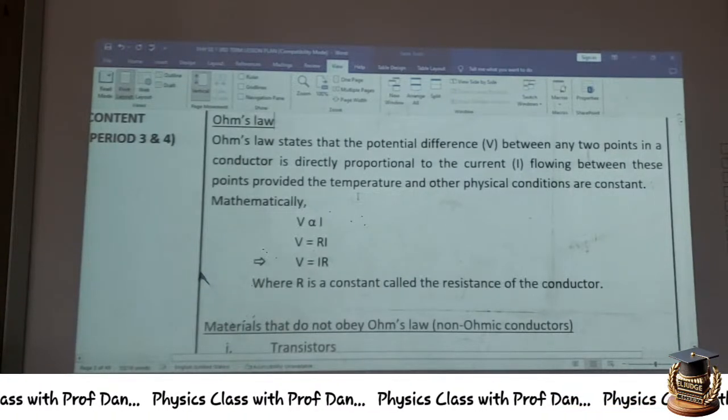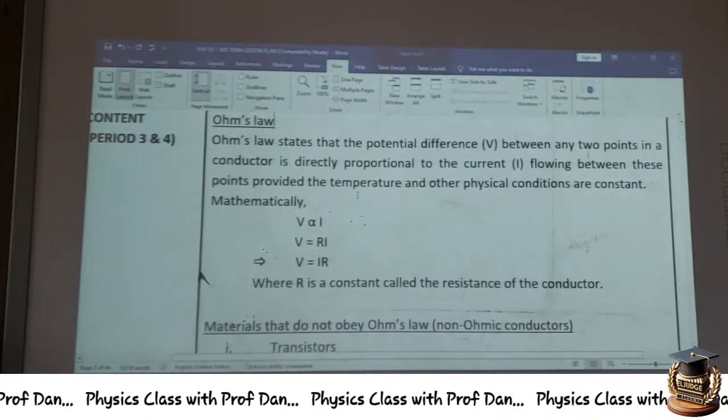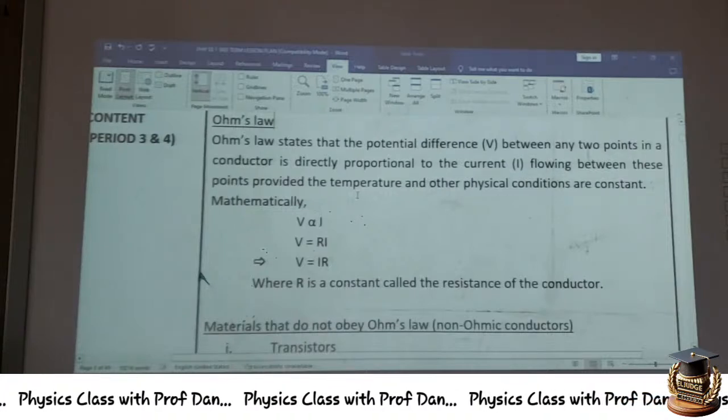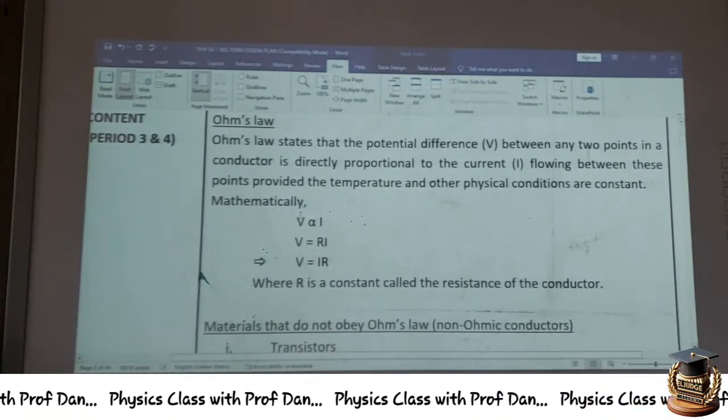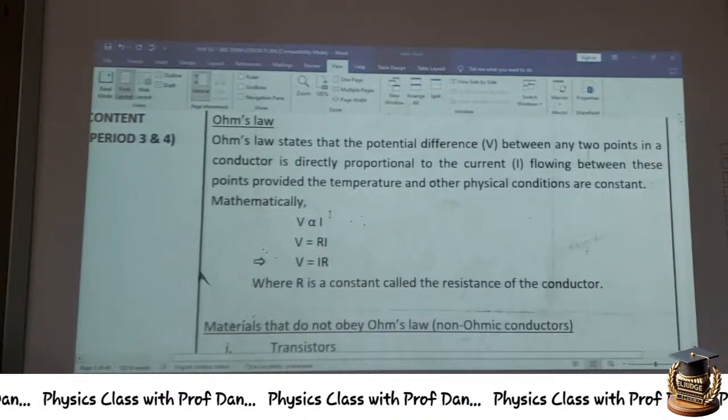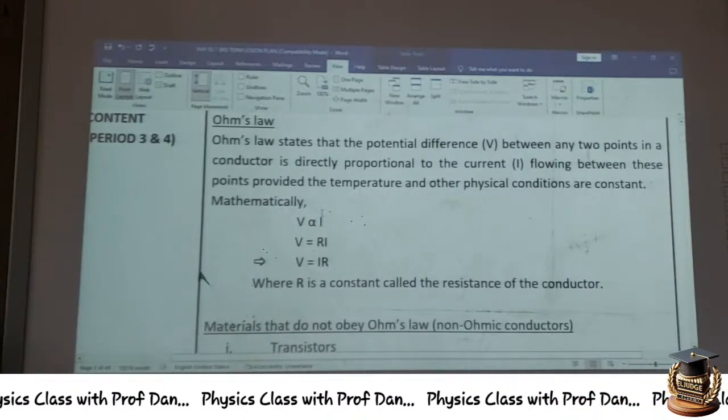So if temperature is constant, pressure is constant, and other physical conditions, then the potential difference will be directly proportional to the current.